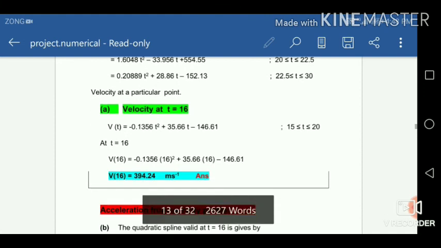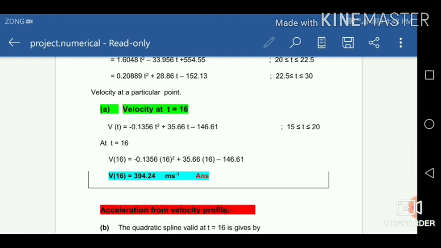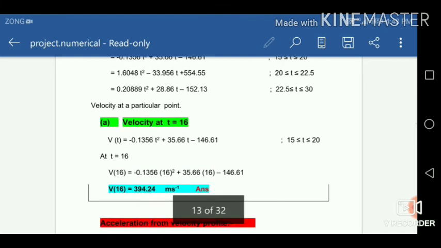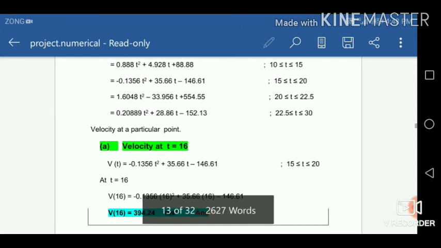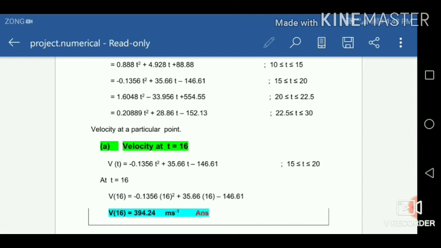First, we find the velocity at t equals 16. This is v of t equals minus 0.1356 t squared plus 35.66 t minus 146.61 on the interval 15 less or equal to t less or equal to 20. This is a very important point.